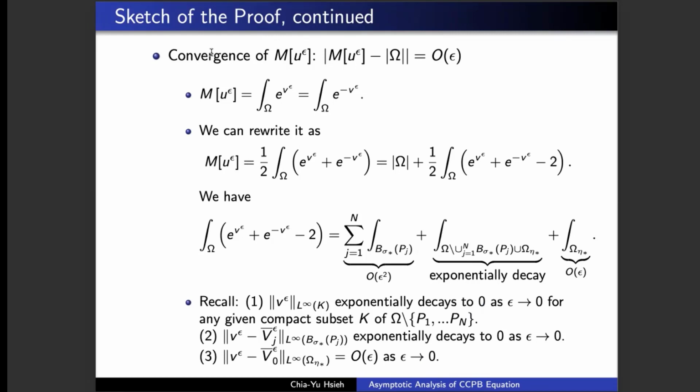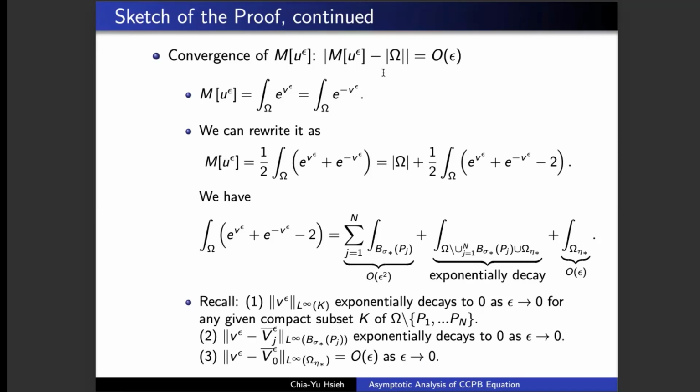For the convergence of m, we can start from the identities. m equals the integral of e to the b, and it also equals the integral of e to the minus b. Of course, these two integrals are equal, so we can rewrite m as the average of these two integrals.